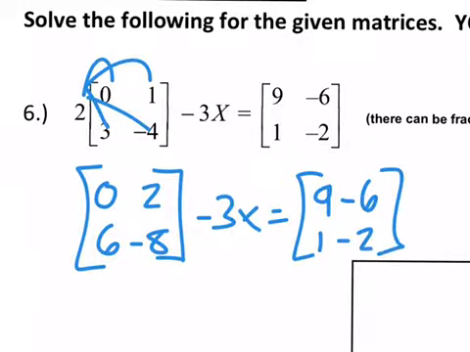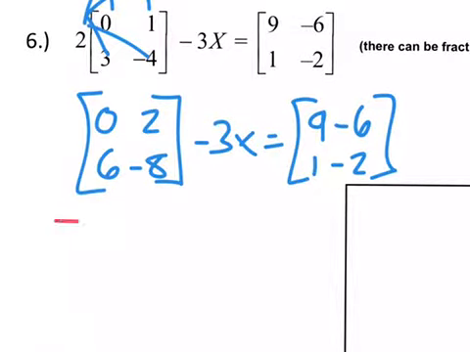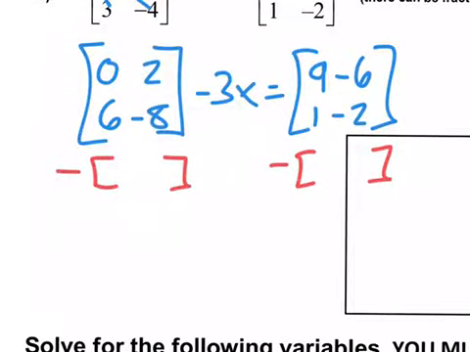Alright, now I can do this. I can simply subtract this matrix from both sides. When I do that, what that will leave me with is I've still got -3x is equal to, and now I'm just going to take this matrix and subtract that matrix. So I've got 9 minus 0 to get our 9.